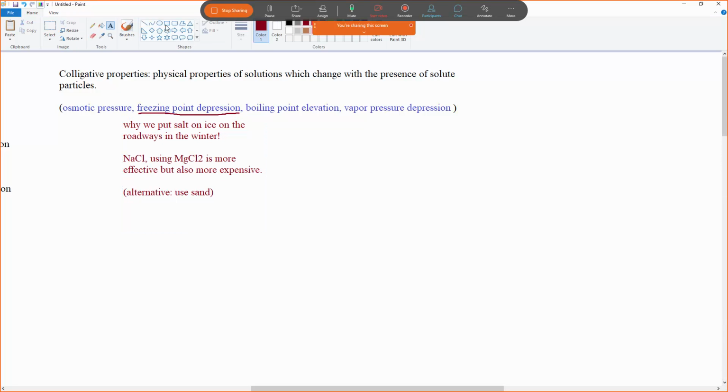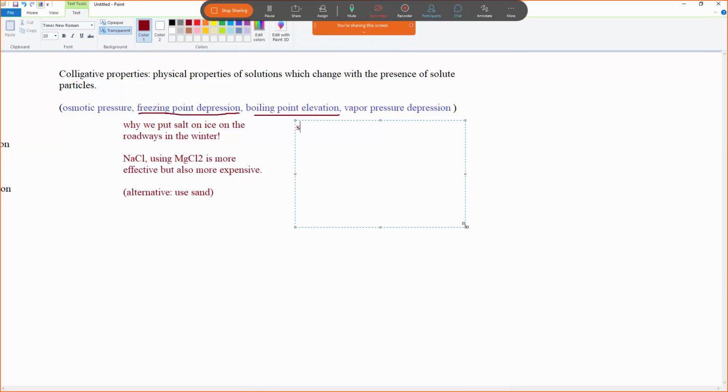And Sarah is giving us a couple of examples of boiling point elevation. For instance, if you put salt in boiling water to make pasta, it makes it boil at a higher temperature, so it boils a little bit hotter and maybe makes the noodles taste better. It's true that putting a little salt in boiling water will increase the boiling point, which increases the temperature at which the pasta is cooking.